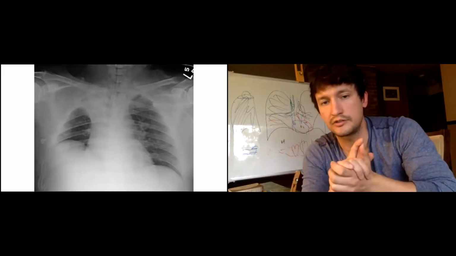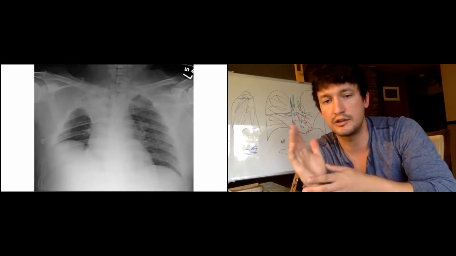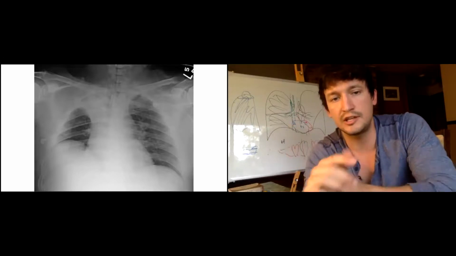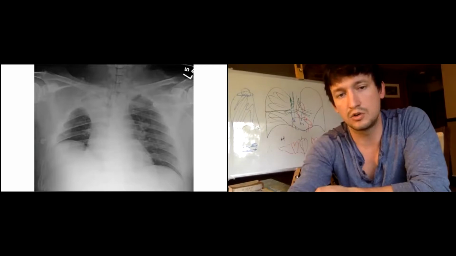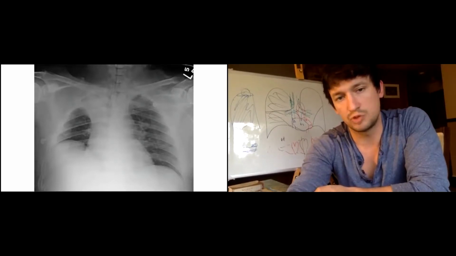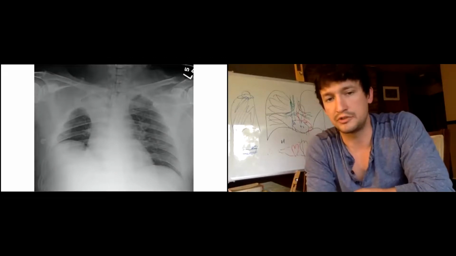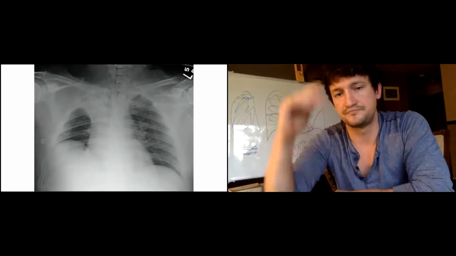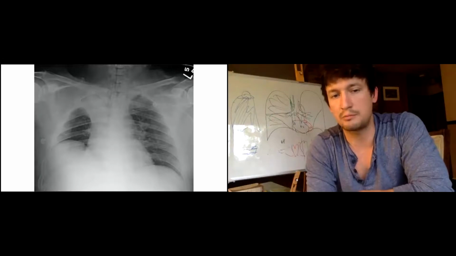That lung has lost a lot of aeration, and the mediastinum is shifted over to the right as well. And you see that the horizontal fissure is rotated clockwise up, almost at the 11 o'clock position instead of the 9 o'clock position. So that's what right upper lobe atelectasis would look like.